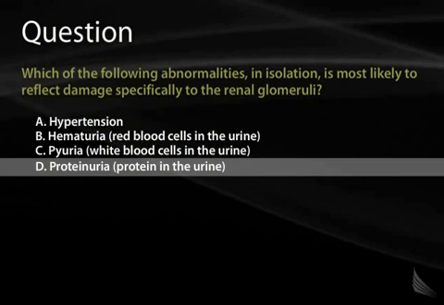While any of these abnormalities can reflect damage to the glomeruli, proteinuria is the only abnormality that can occur only with damage to the glomeruli. Hematuria or pyuria can occur with damage to any part of the urinary collecting system even beyond the kidney. Hypertension does not necessarily reflect damage to the renal glomeruli, but may reflect salt.